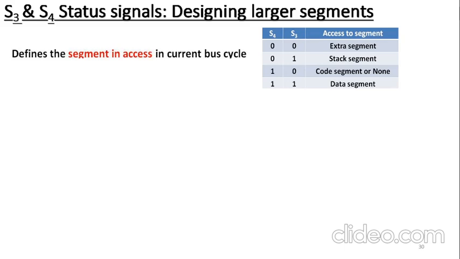Now, out of these 4 possible entries, 1, 0 is the most important: code segment or none. We can very well understand that whenever execution of the program is going on and a certain instruction is getting fetched from the external code segment, by that time 1, 0 is very sure.